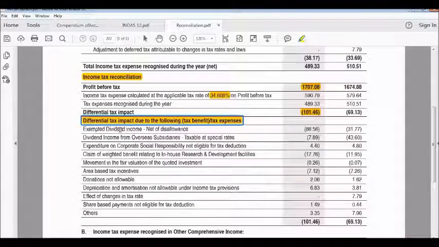And one more important fact: under Ind AS 12 there is no such concept of permanent difference, like an explanation or definition is not provided in Ind AS 12, but under existing accounting standard 22 the explanation or the definition of permanent difference was there. So you also have to give the disclosure of the reconciliation between the product of accounting profit multiplied by the applicable tax rate and the tax expense recognized during the year.